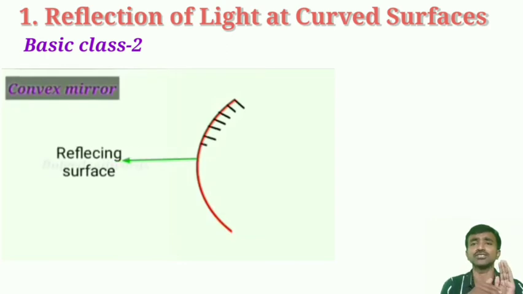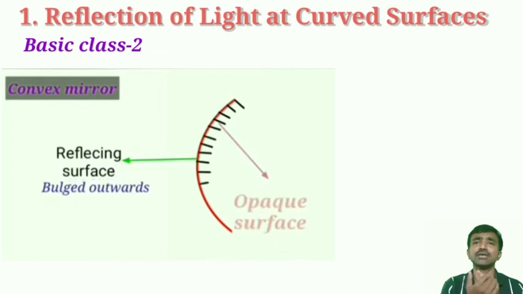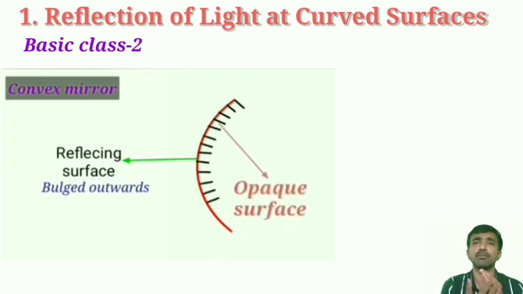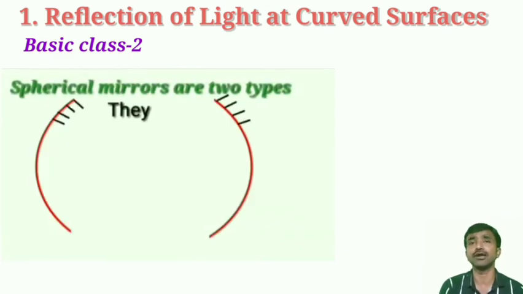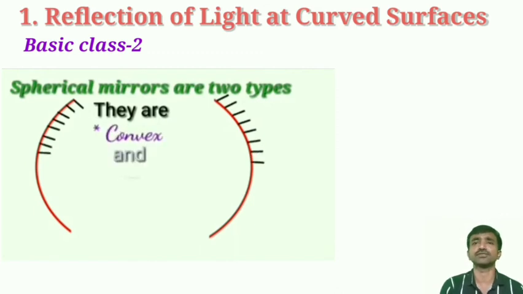Curved inwards means it has a depth, and bulged outwards means it has a bulged surface coming out. So these surfaces are called concave and convex depending on which surface is the reflecting surface. Based on the reflecting surface only, we name them concave mirror and convex mirror.